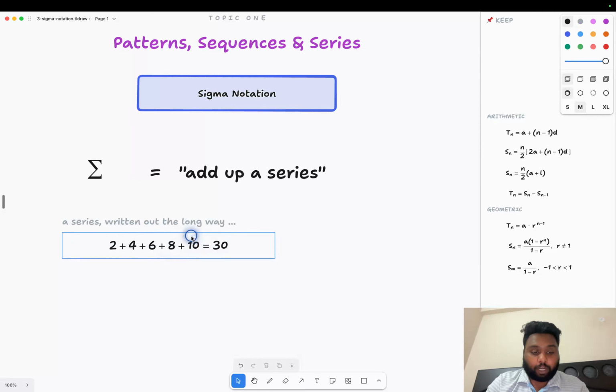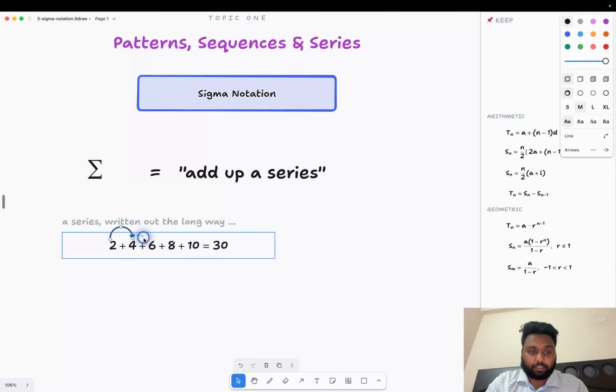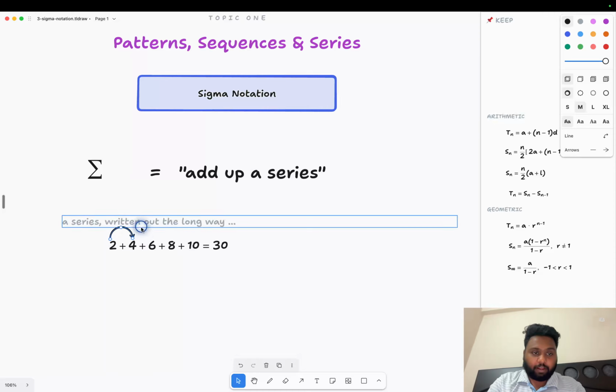Okay, so now we have a series here. What do you think? What type of series is this? Between here and here, what is the difference? Between here and here, and between here and here.